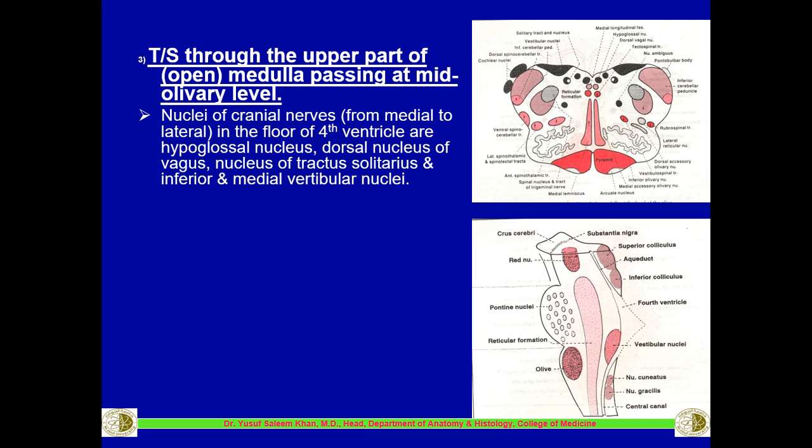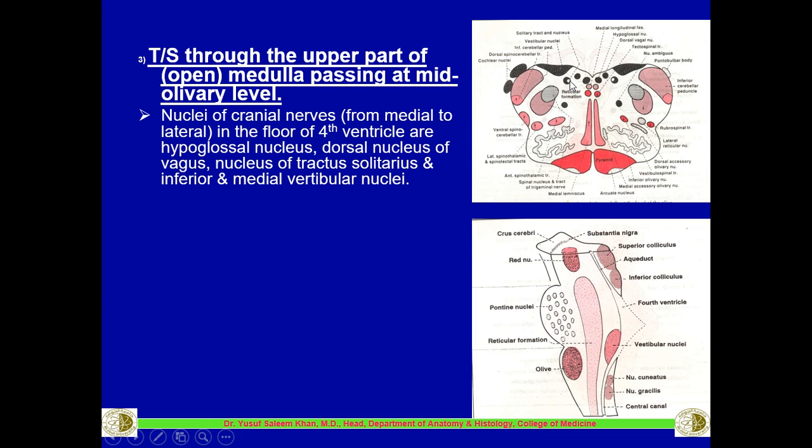Then we have the dorsal nucleus of the vagus just lateral to it. Then we can appreciate the presence of the nucleus of the solitary tract also present here. Here is the solitary tract as well as the nucleus.